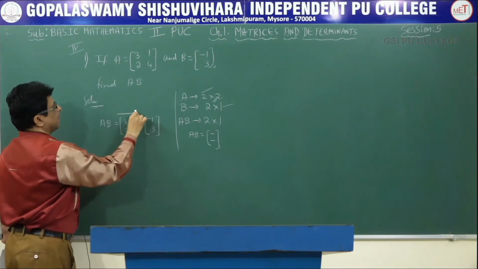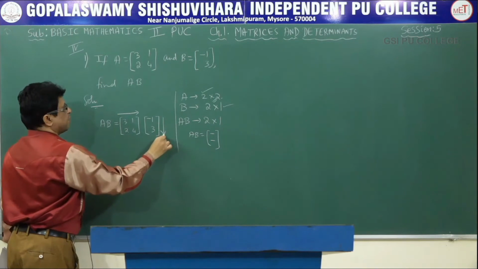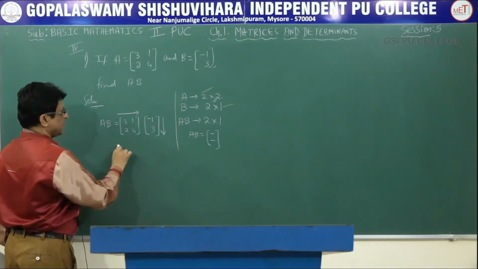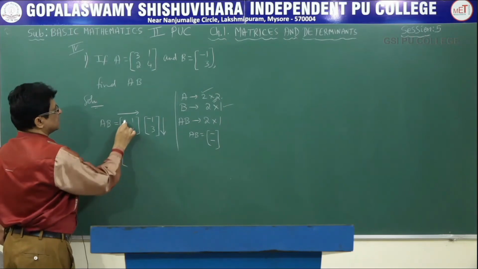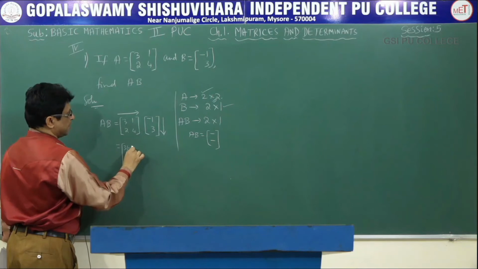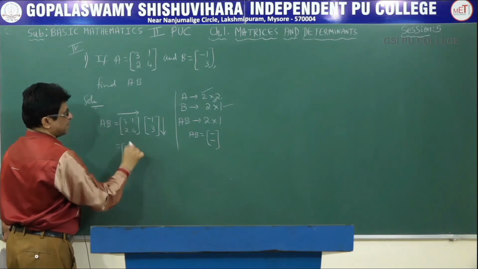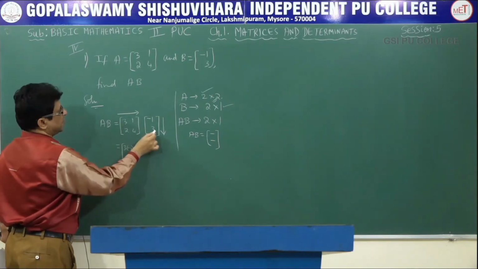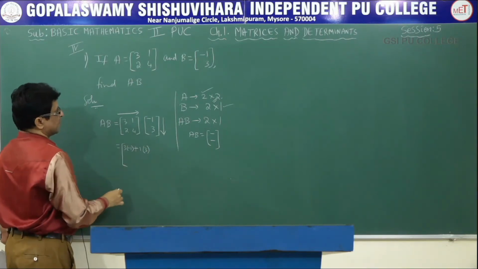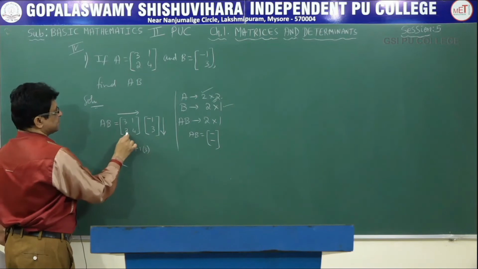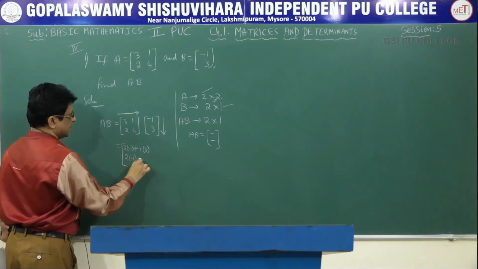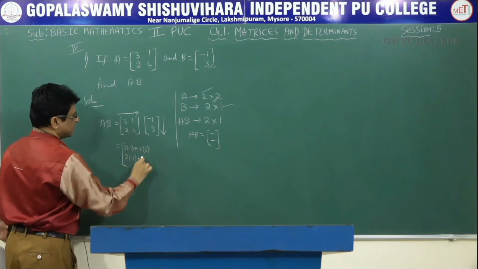So here our rule for multiplication of matrices is row into column. So that will be equal to 3 into -1 plus 1 into 3. So next row 2 into -1 plus 4 into 3.